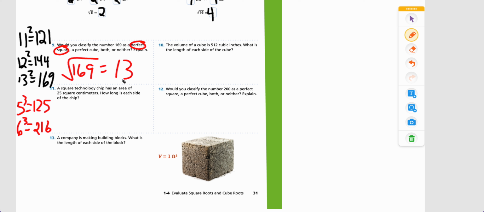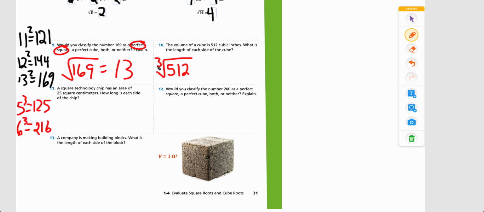Whew. All right. A volume of 512 cubic inches is what length? So 512 cube root. If we know that 6 cubed is 216, is it going to be less than 6 or more than 6? More than 6.